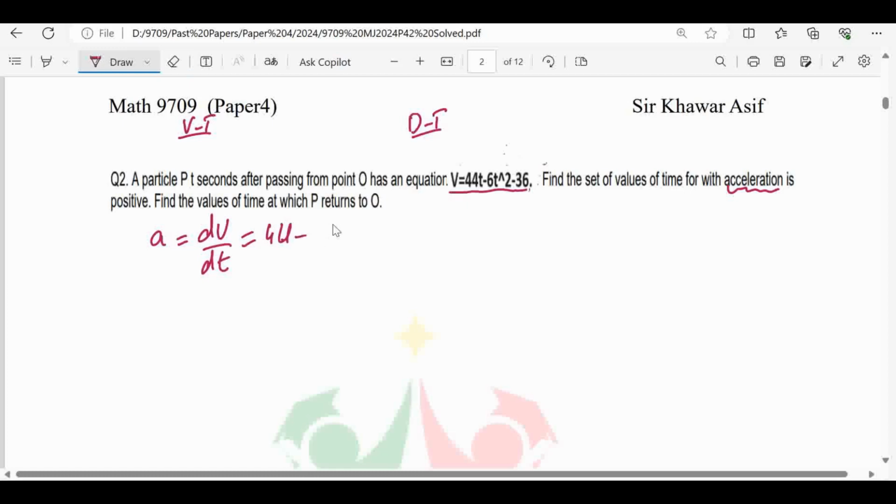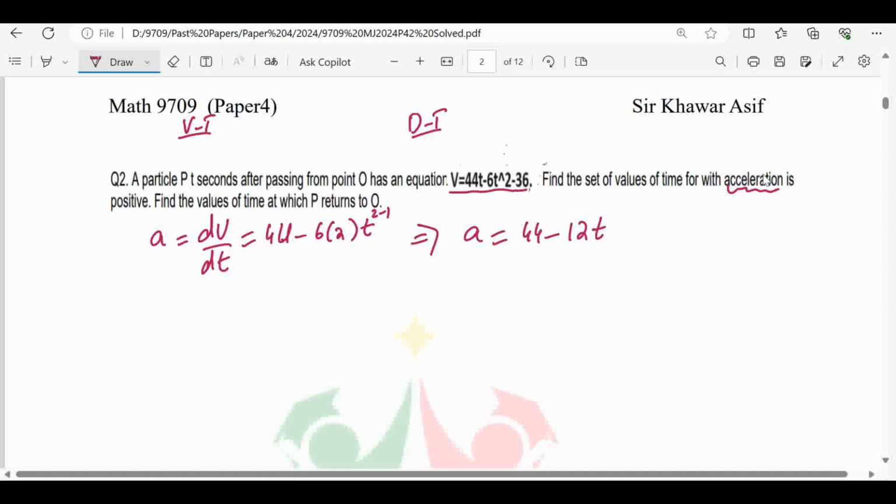44 minus 6 into 2 into t power 2 minus 1. So here we have the equation of acceleration: acceleration is 44 minus 12t.